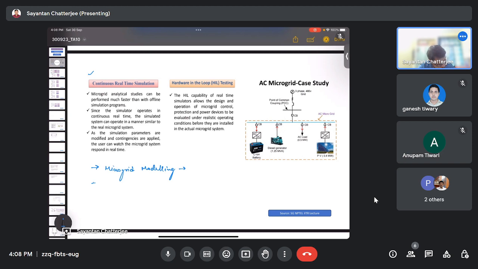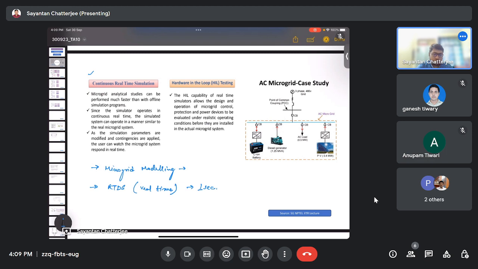Then we can validate. We have the RTDS, the real-time digital simulator, as shown in the last class in the lectures itself. We have seen that the main working of the real-time digital simulator is that it works on a real-time basis. When the timestamp is 1 second, suppose we are working on MATLAB or any other simulation platform, that 1 second is not the same as the practical 1 second.